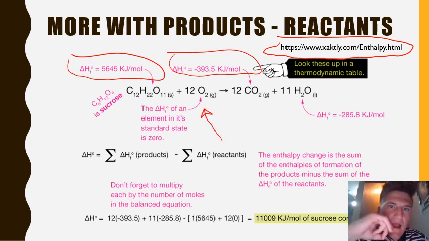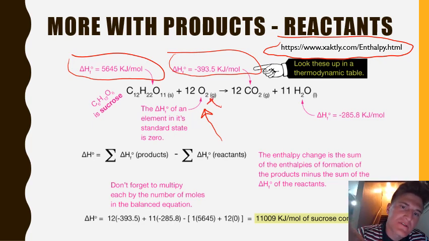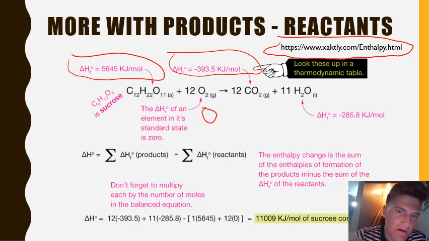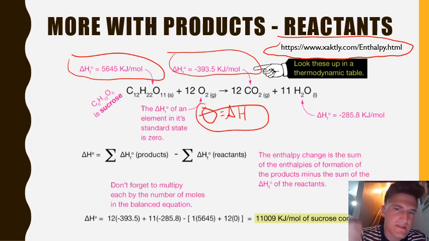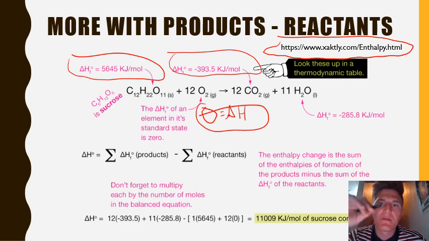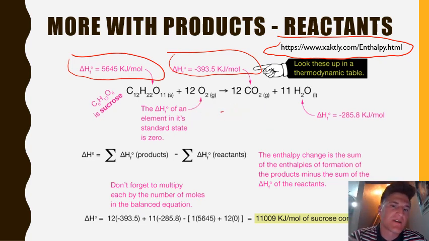When looking at products minus reactants, whenever there is a single element bonded to itself, like an O2 or an H2 or any of these things, heat of formation in its standard state is always going to be 0. So delta H is equal to 0, always. Whenever we have an O2, N2, H2, the same element bonded to itself, that's always going to be a 0, and that's pretty important to remember, so we don't confuse ourselves.